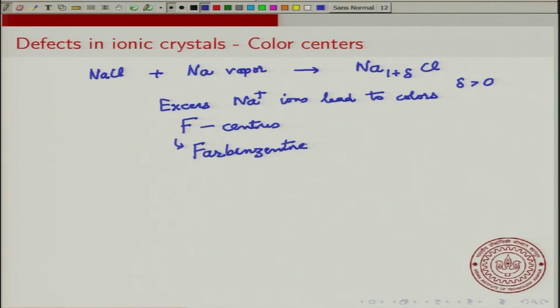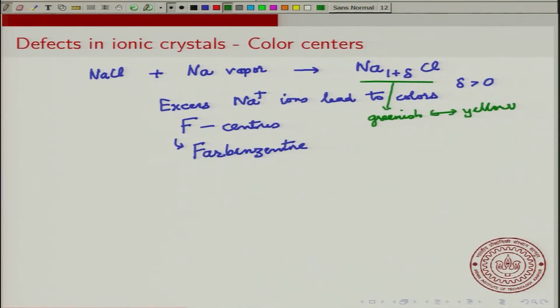There are a number of these color centers. For example, the color is greenish to yellow, depending on how much sodium is there.